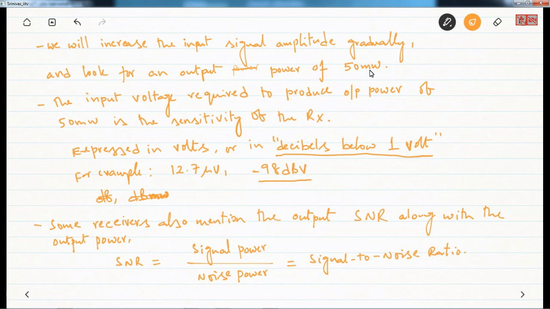We call that receiver as having a sensitivity of 10 microvolts. But the signal to noise ratio at the output of that receiver may be only 10 dB, so maybe the noise is only 10 dB lower than the signal power.